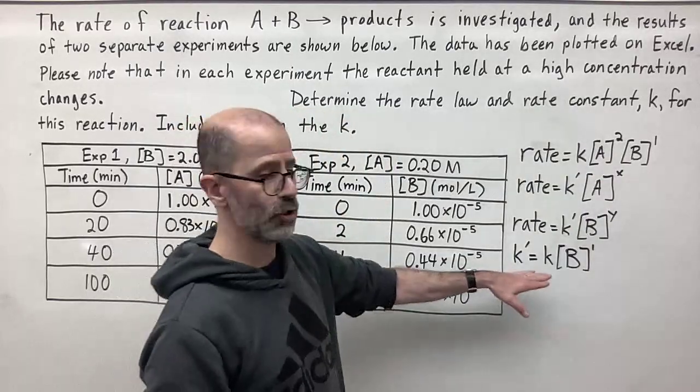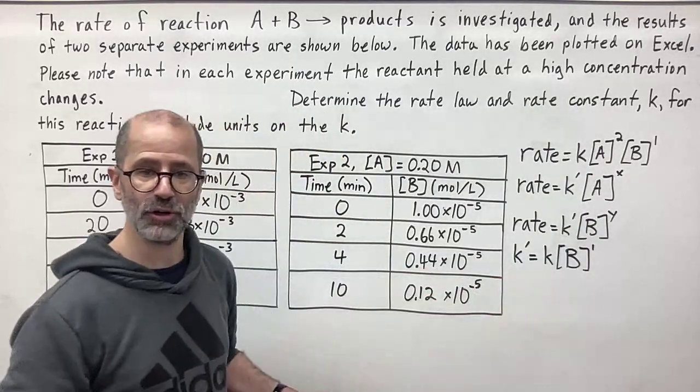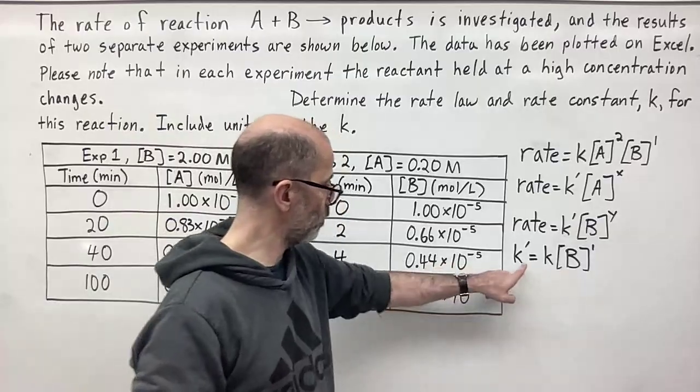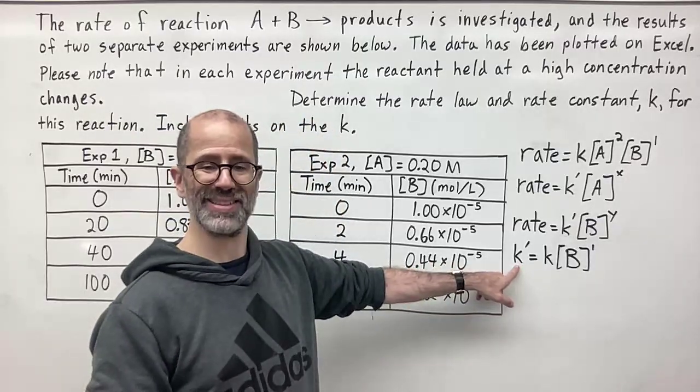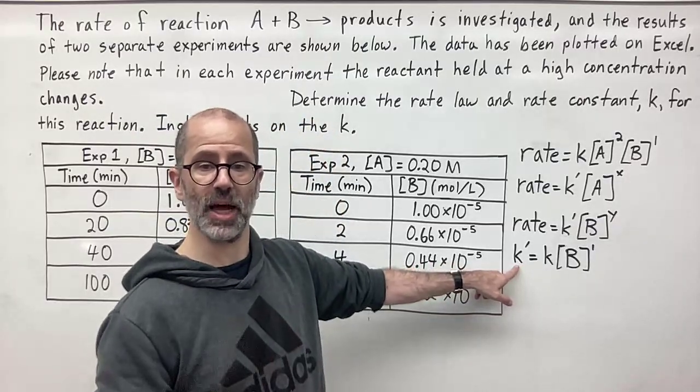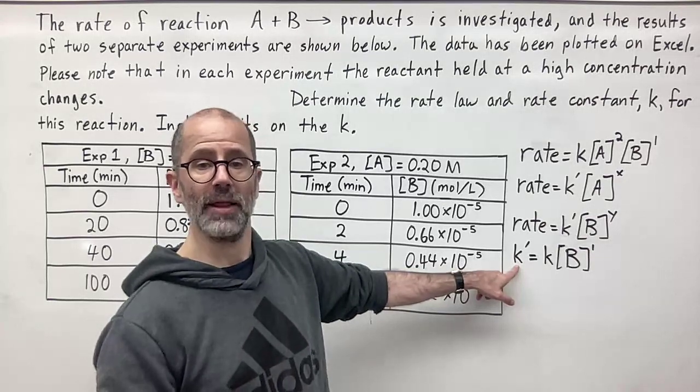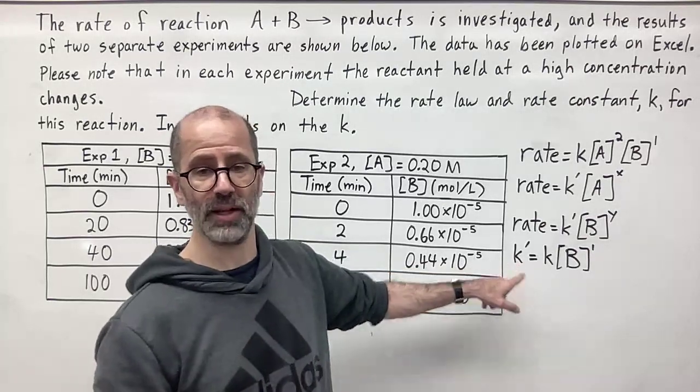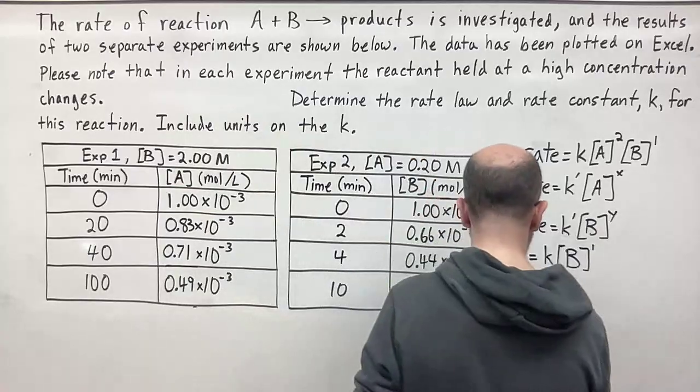Now all we need to do is plug in the values that we have. Remember, the pseudo rate law constant is from the graph. That was the 10.42, the slope of the line. So we put that in.